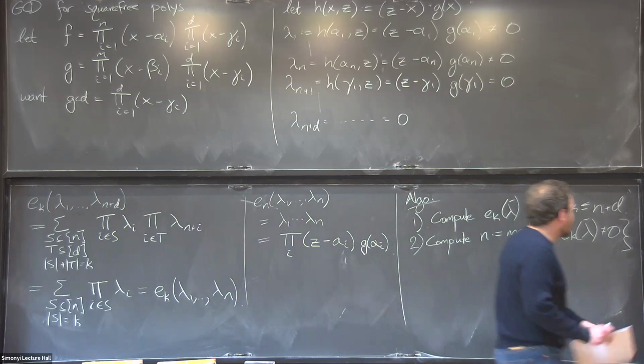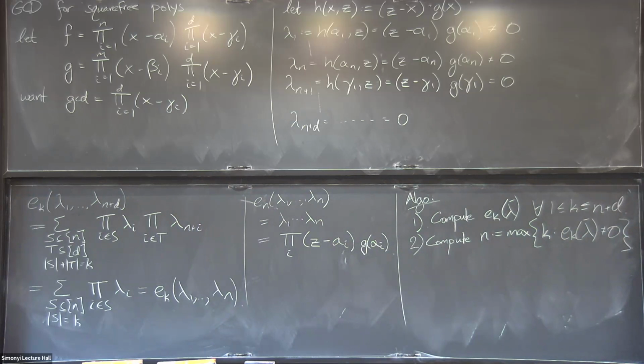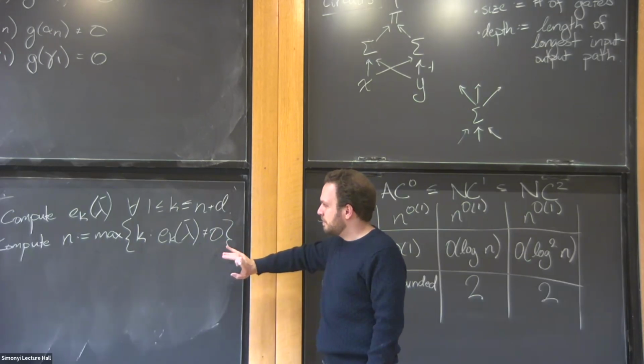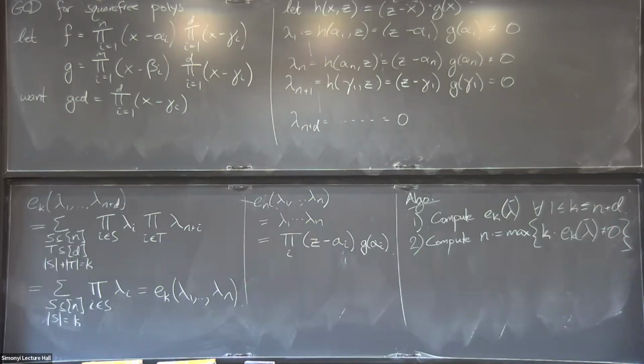Now, one point maybe I should admit to is that this is an operation that this model of algebraic circuits just doesn't implement. This is not a polynomial function. But if you're implementing this on, say, a computer, you have these numbers in front of you. You can just look at them and compute this quantity in parallel.